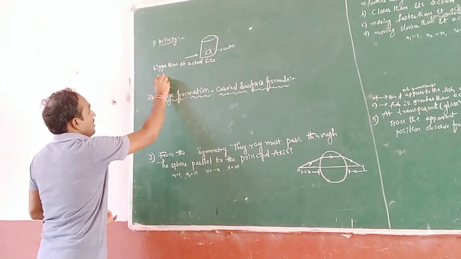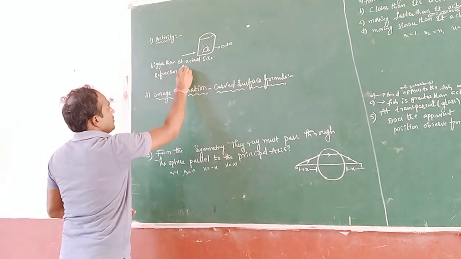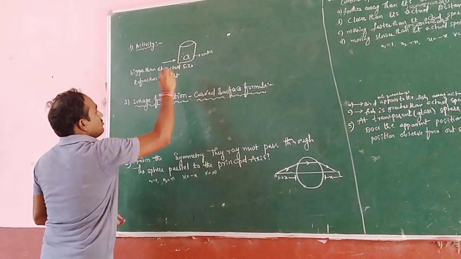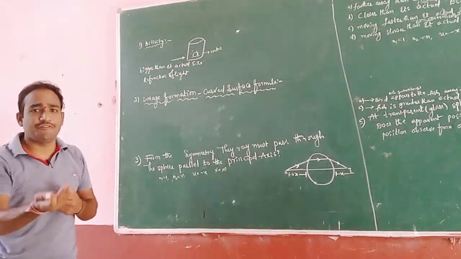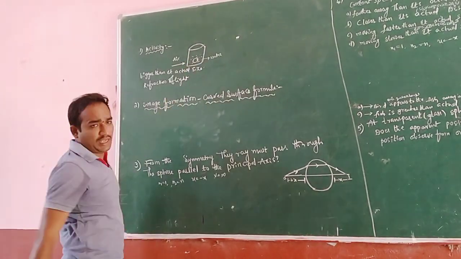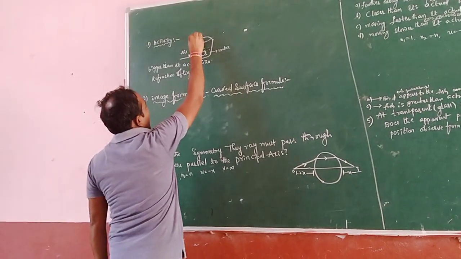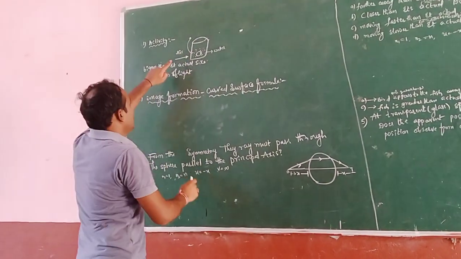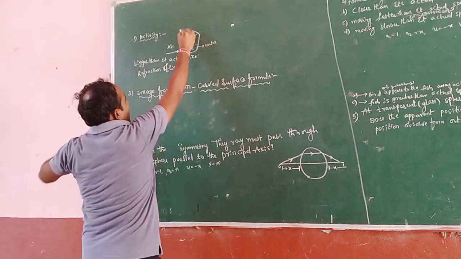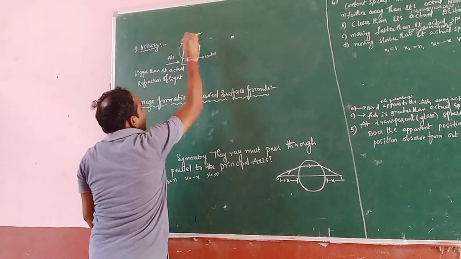Refraction of light. So here, is it the same medium or a different medium? Different medium. Here one is air, and the other is glass and water. Air is one medium, and glass and water together we are assuming as one medium.